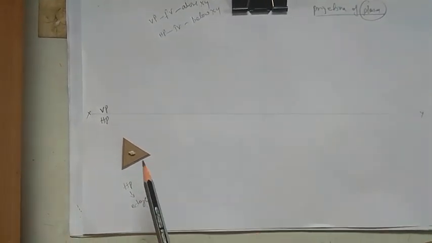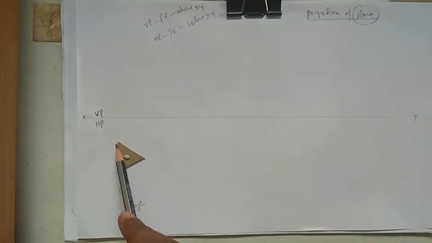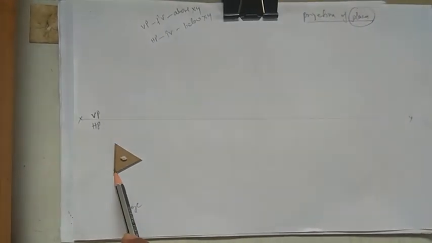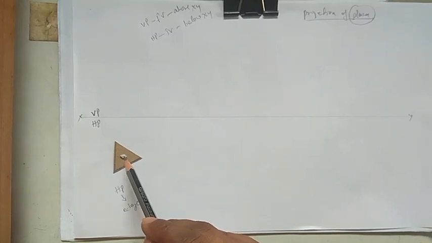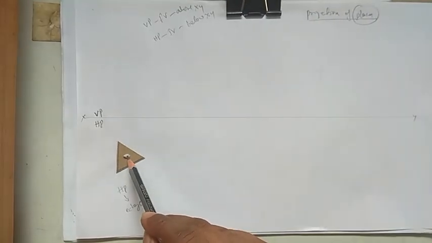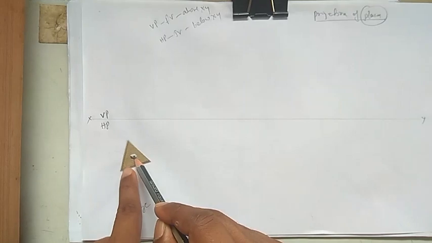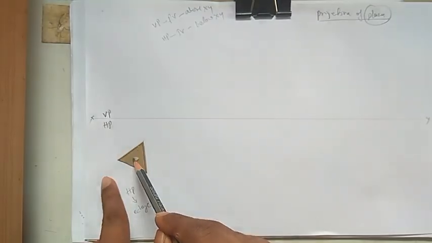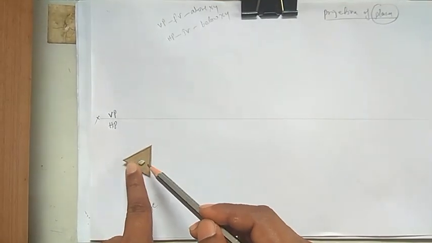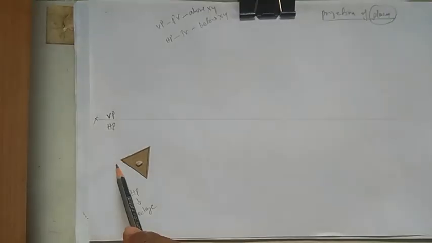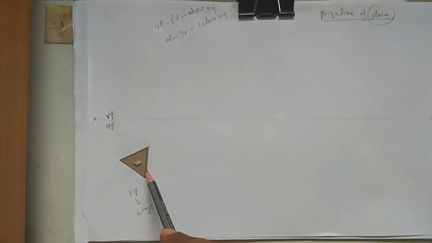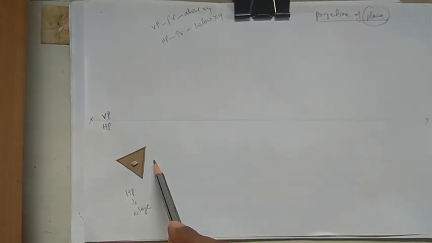Normally, the resting edge will lie on the left side of the observer. If they say it is resting on the corner, this same lamina is rotated 180 degrees like this. Now you can say the corner is lying on the left side, and the edge opposite to that will be on the right side.